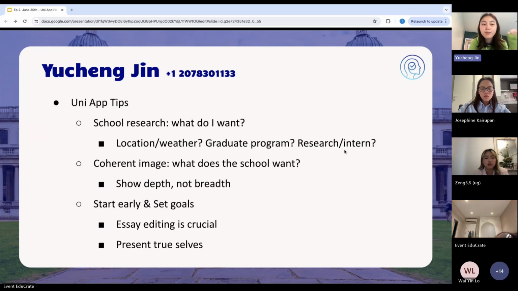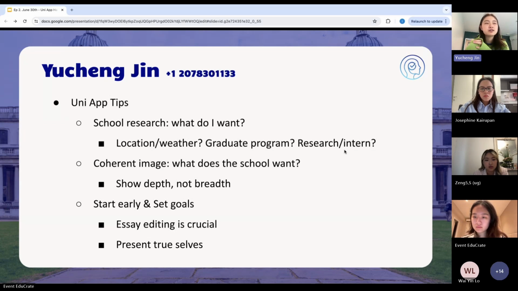Definitely allow yourself to go back to the essay after your first draft. Sometimes you get this sort of filter just a few days after writing your essay, but if you allow yourself a week or two, you would definitely see some limitations of it, and then you will know where you want to edit.